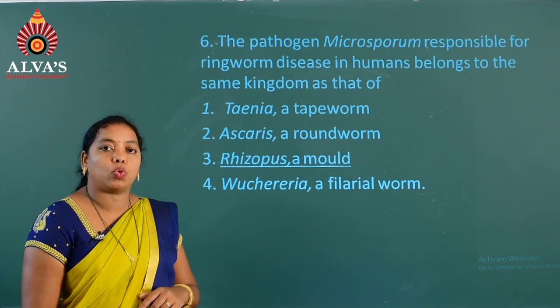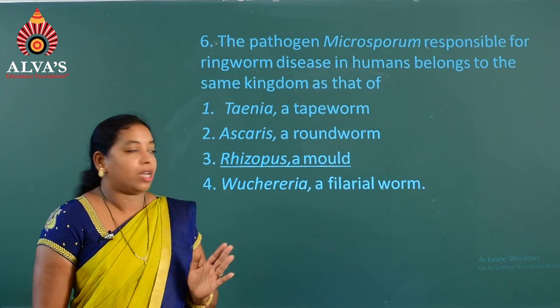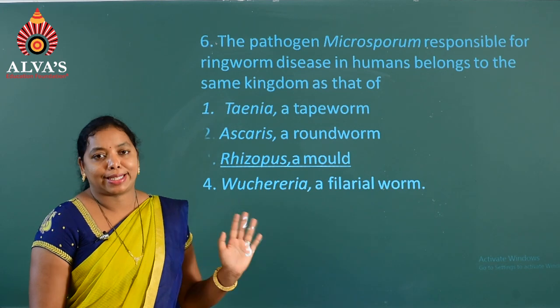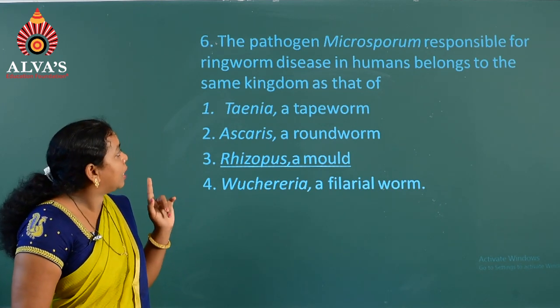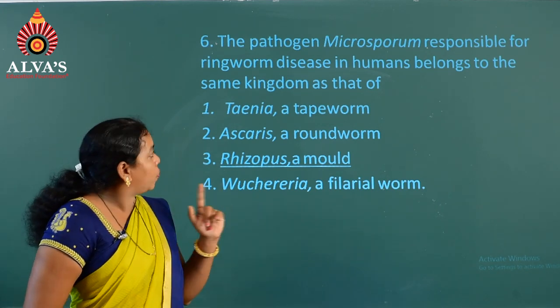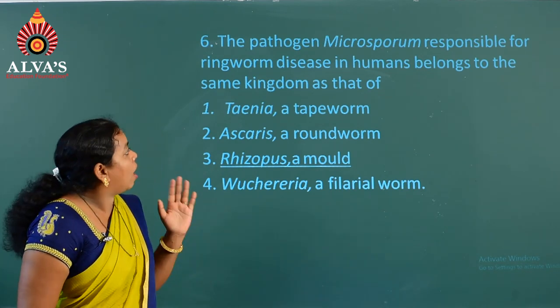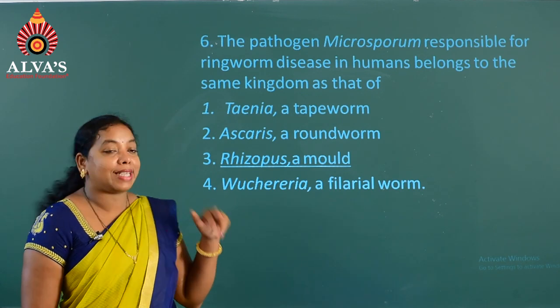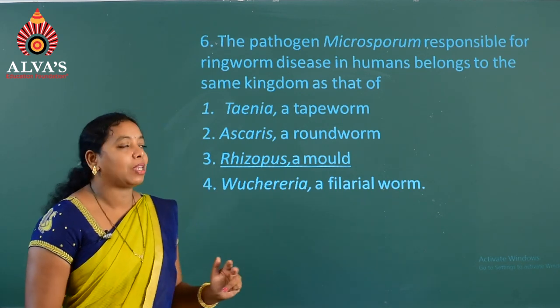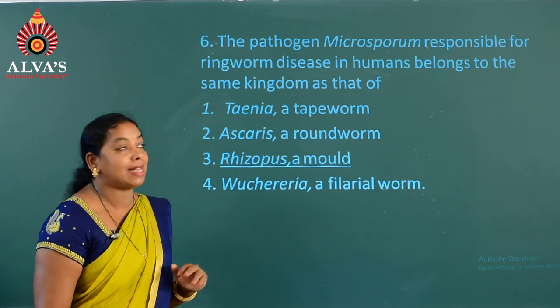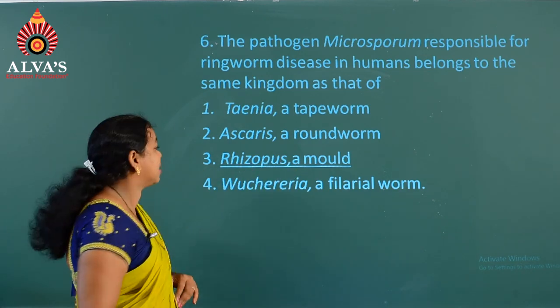Whereas the next one is Wuchereria, the filarial worm, which again comes under the phylum Aschelminthes itself. Hence, the question is Microsporum, responsible for the disease called ringworm in humans, belongs to the same kingdom as Rhizopus, a mold, which is the right answer for the sixth question.